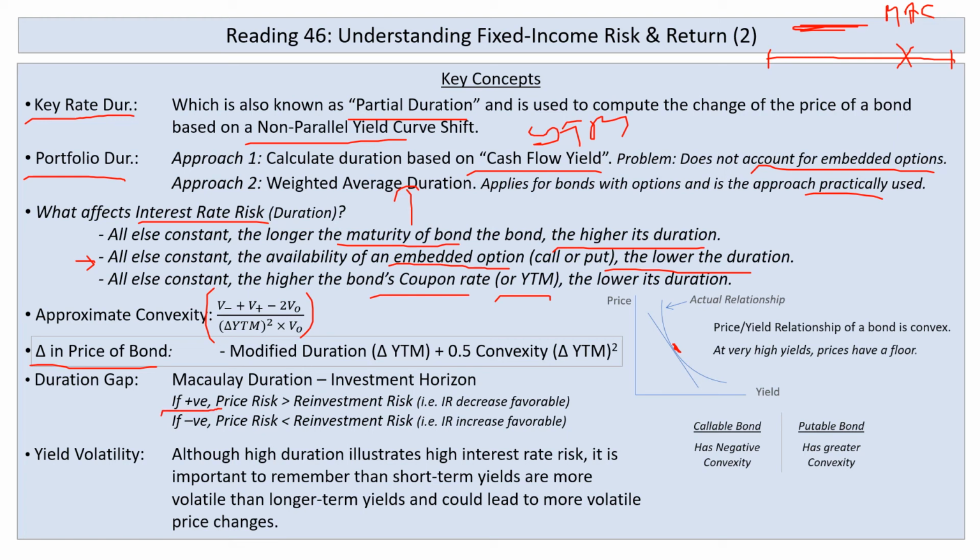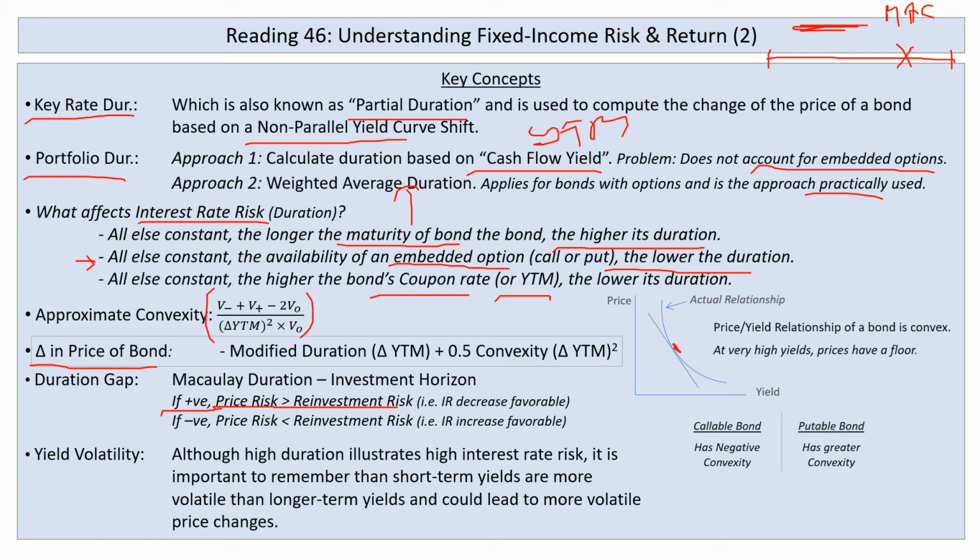And that positive duration gap means that you are exposed to price risk more than reinvestment risk. So that means that an interest rate decrease would be favorable because you would gain from a capital gain perspective. You would gain from an increase in price.